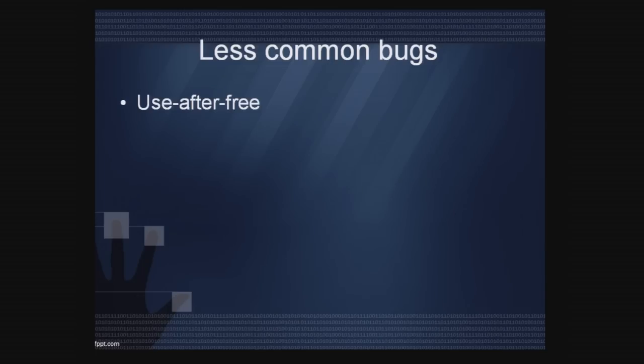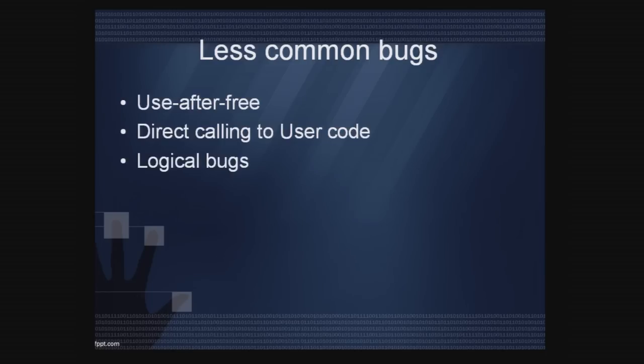I'll talk about an example of that, but we have similar stuff in user mode. Direct calling to user code: not very common, but sometimes drivers do that, or sometimes you can make the kernel simply call user code directly. And of course, logical bugs. Much harder in the kernel, but they are there.